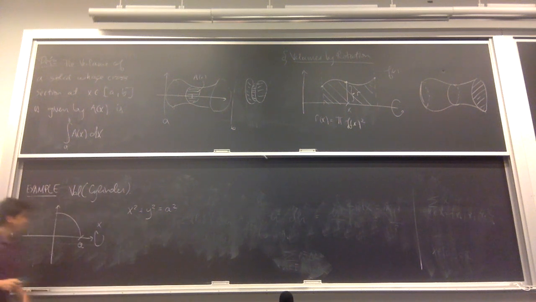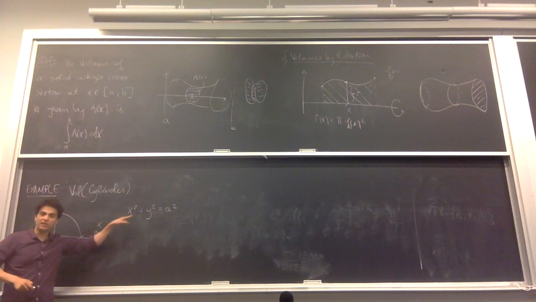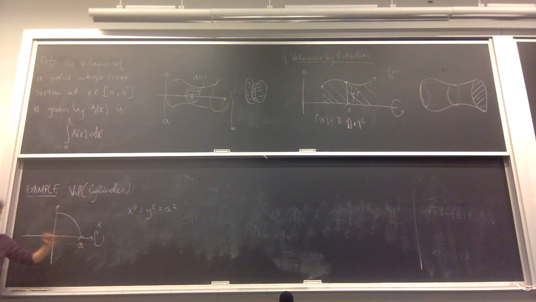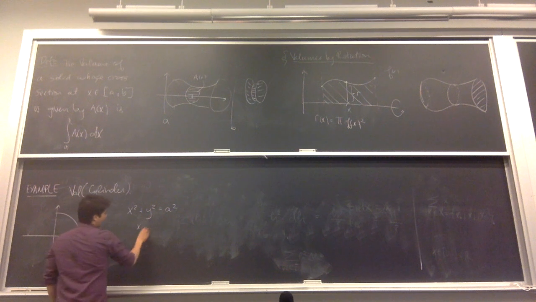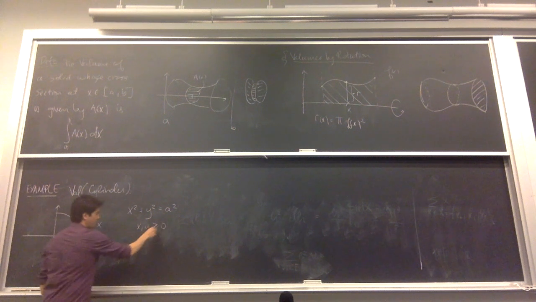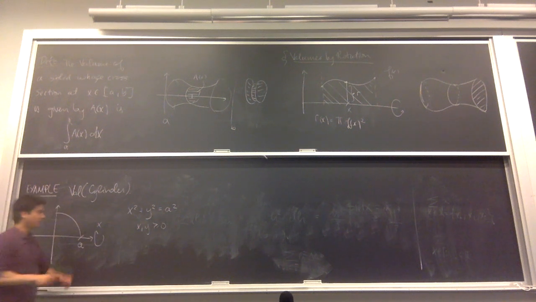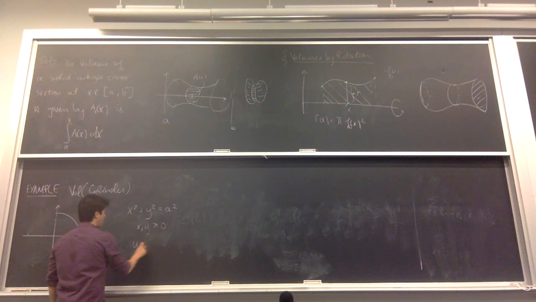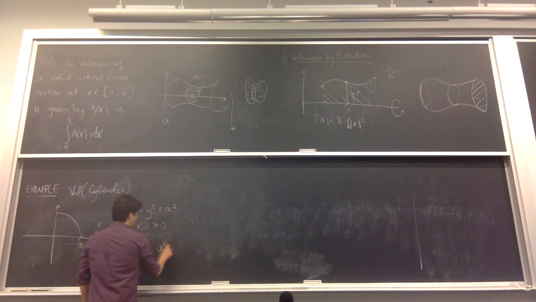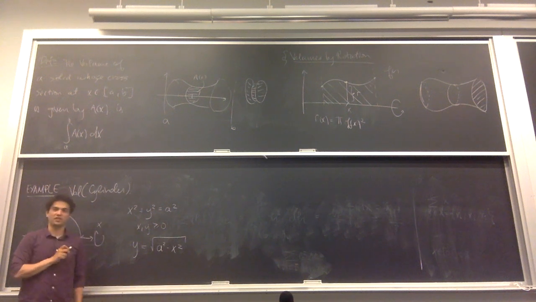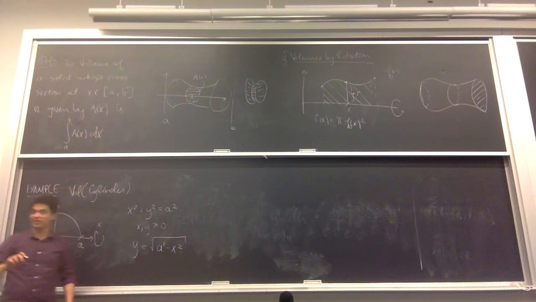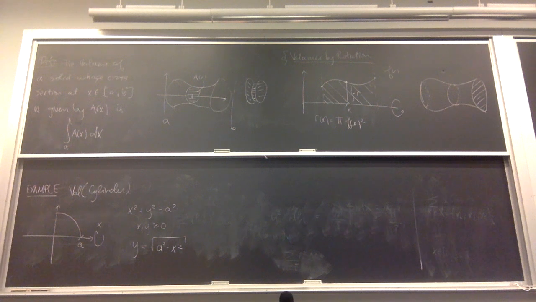If I only want this equation for the first quadrant, then we can assume that x and y are both positive, which means I can do the following rewrite. y is equal to the square root of a squared minus x squared, and it's always the positive version because we define the square root to get rid of that ambiguity.